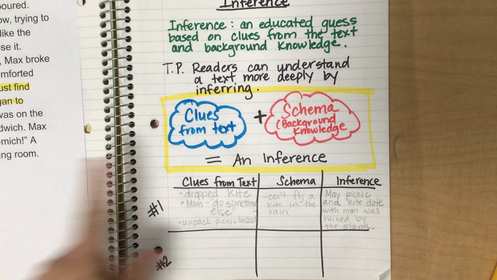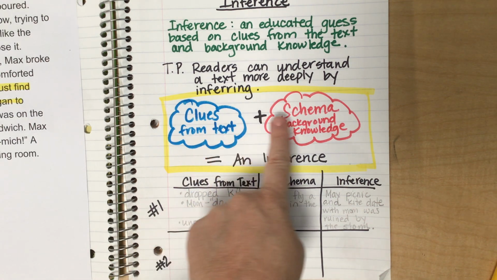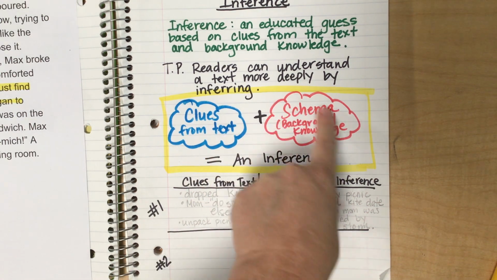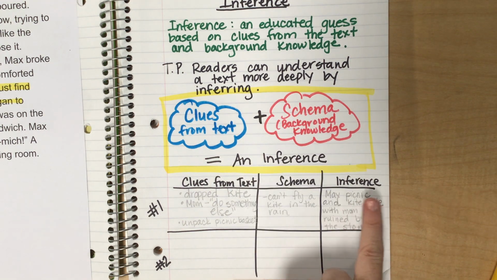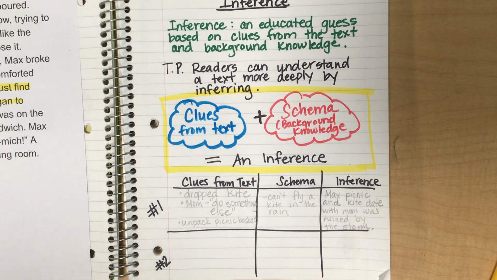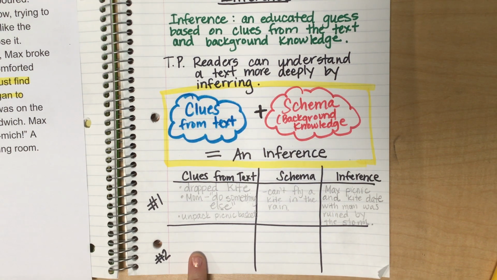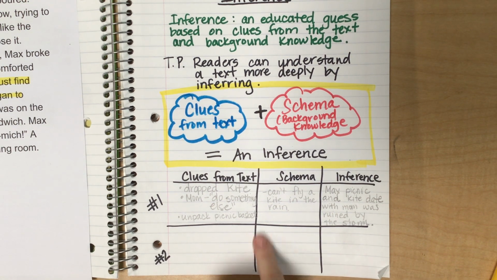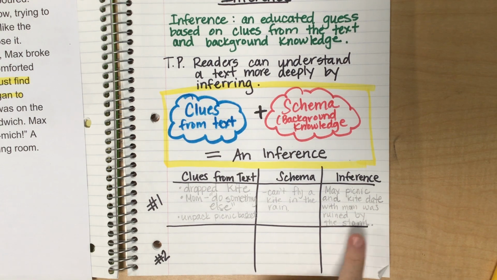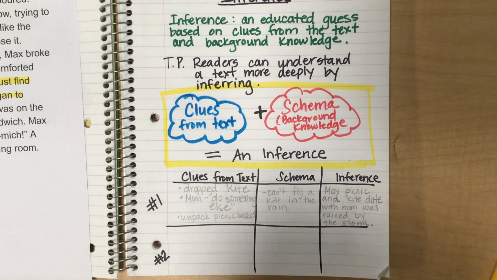And so we use clues plus what we already knew about flying a kite to figure that out. Okay, so now I want you to try. Here's another one. And we're going to read this together, and then I want you to try and figure out some clues from the text, your schema, your background knowledge, and see if you can draw an inference.